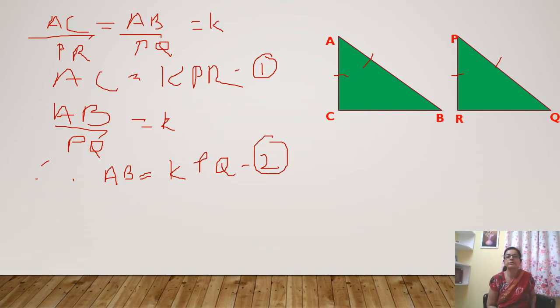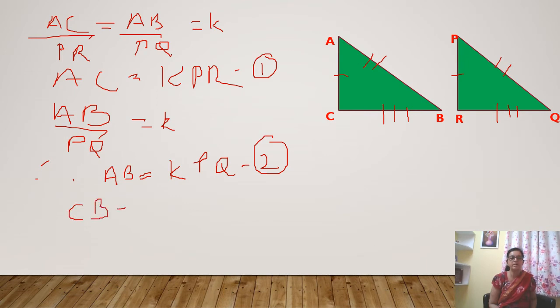Now, I already told you that we will require the proportionality of these two sides, and they should also be equal to K. Let us make here two lines and over here three lines. Now we have to prove that CB upon RQ is equal to K. For that, let us take first CB and apply the Pythagoras theorem.